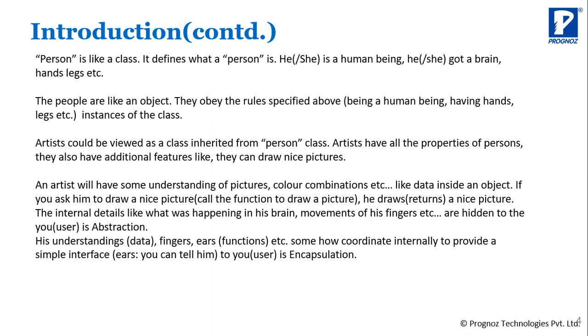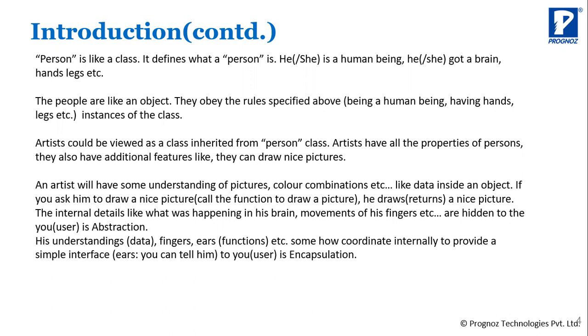Now the people are like objects. The people are the objects, like you are an object, I am an object. They need to follow some certain rules. Being a human being, as a student you have to follow some certain rules, and as a teacher I have to follow some certain rules.